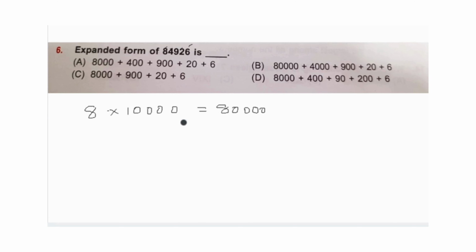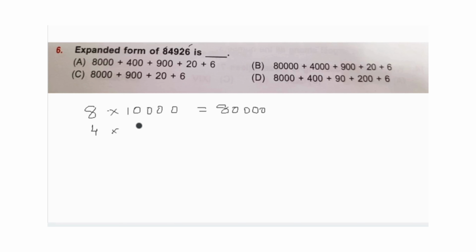If you want to solve this question quickly, even at the first stage you can look at the options: the only option that has 80,000 is option B. But for the sake of solving the entire question, let's solve it fully. Now let's look at the place value of 4. 4 is in the thousands place.